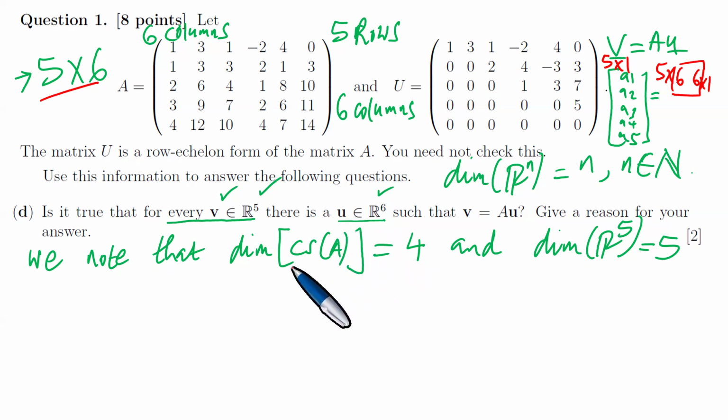Okay, but what is then the problem with this claim? That for every vector in R5, we can always get a U in R6, such that this equation is always true.